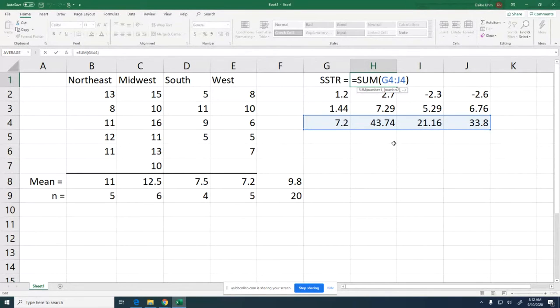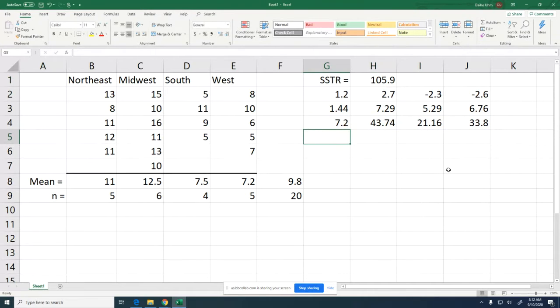Exactly using the formula, we get the SSTR, and now we just divide it by the degrees of freedom for MSTR, which is K minus 1. K is 4, 4 minus 1 is 3. So MSTR will be 35.3. It's good, right? And now, let me take the SSE.